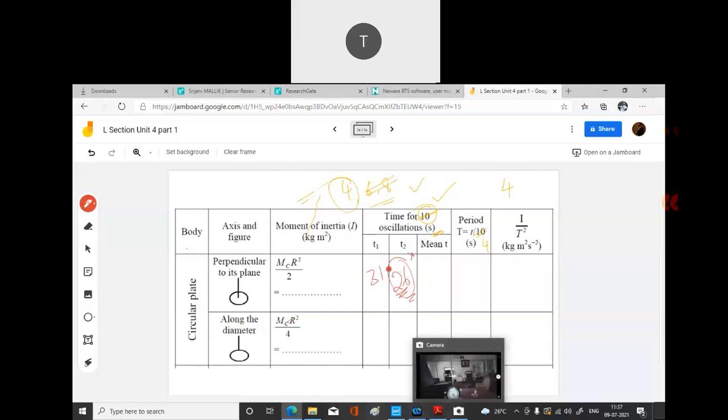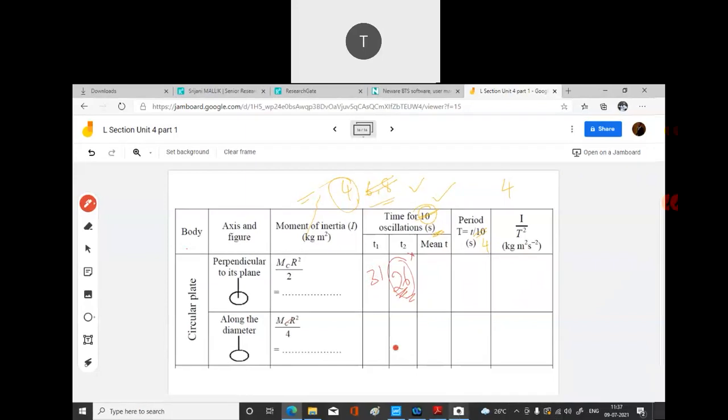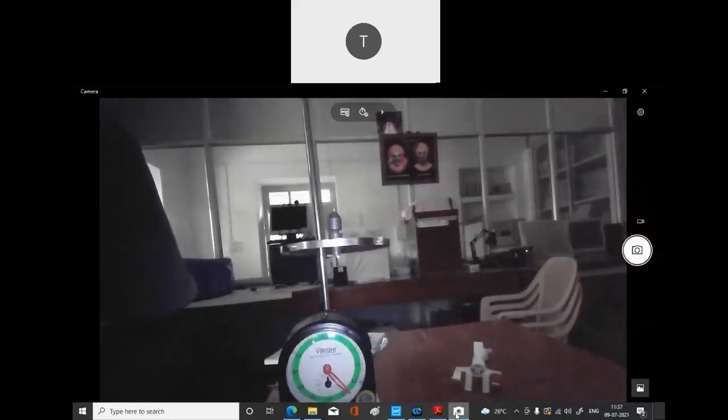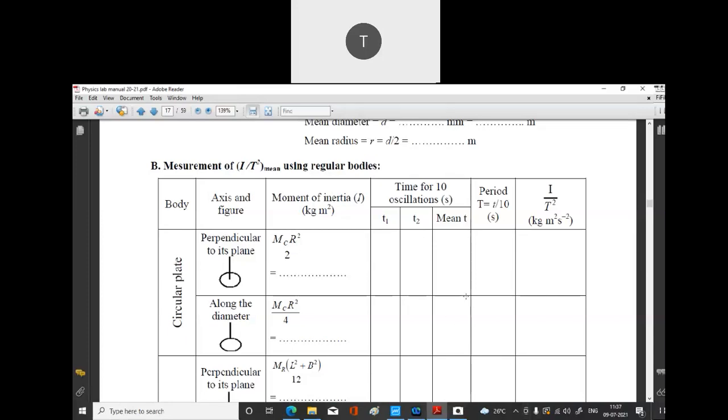So finally you get a better result. If you take only one reading and it is good, then it's fine, but if it has some error, you may not get good results in the end. That is why you take two trials, first trial and second trial.